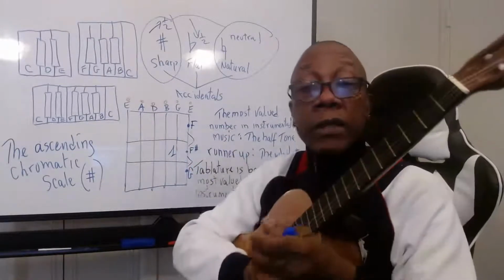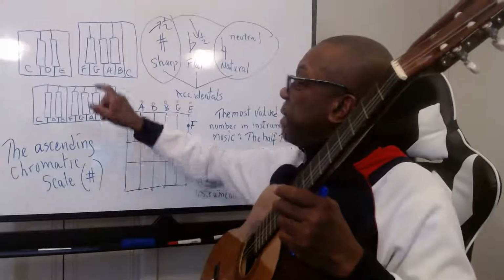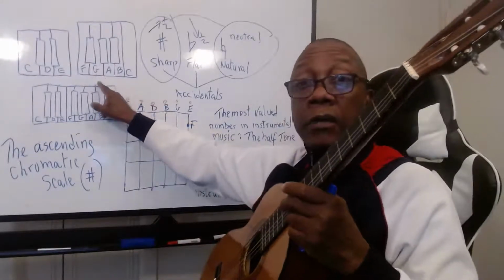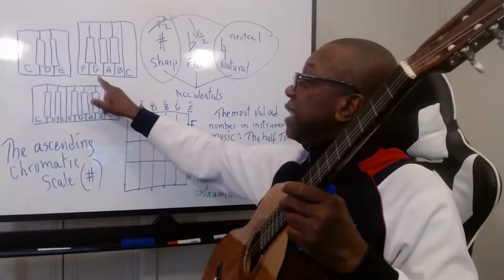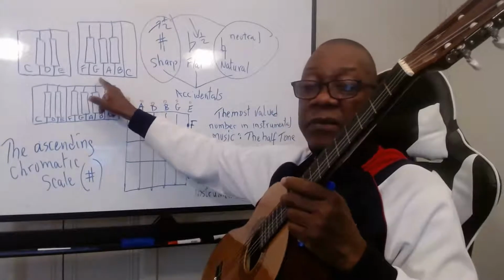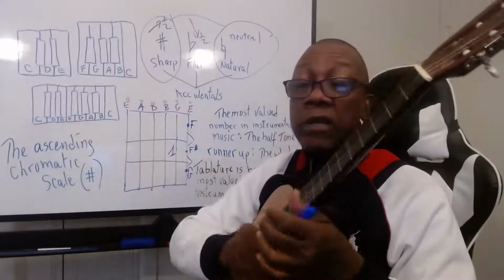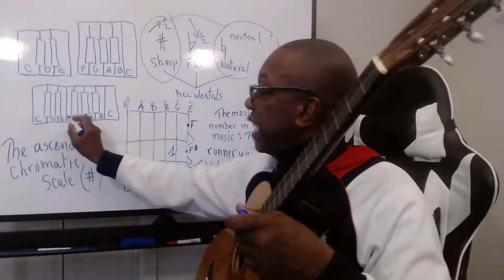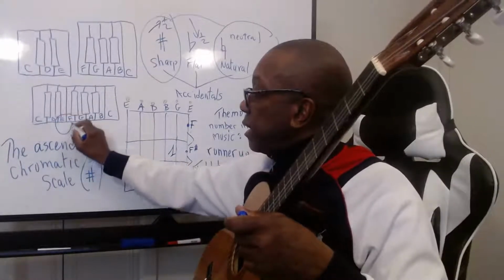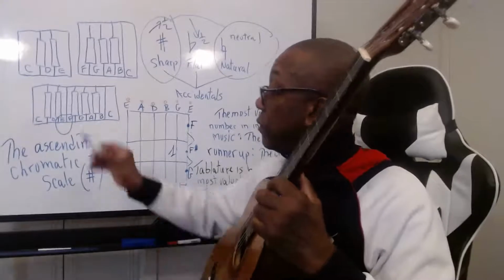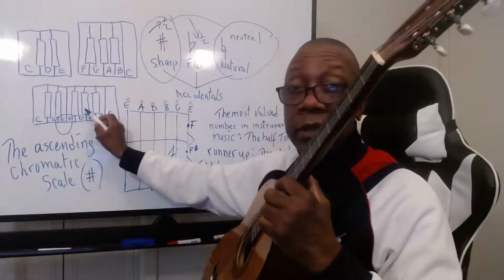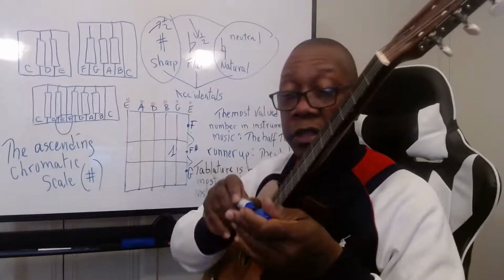Next string. According to my keyboard, the keyboard is highly important. We want to be a half step from G. Remember before, we had the E and the F, they have no black note in between. Now from G, there's a black note. So the black note is G sharp.